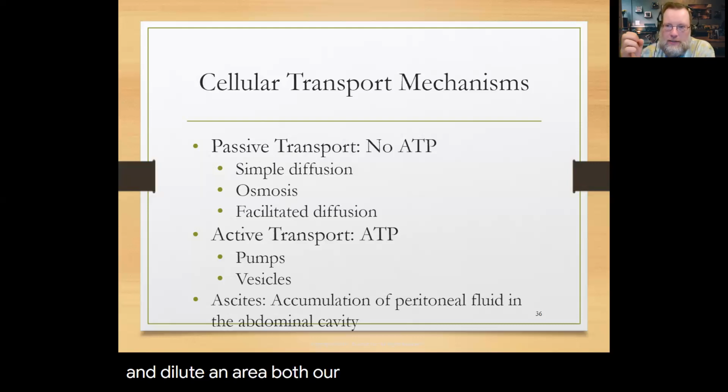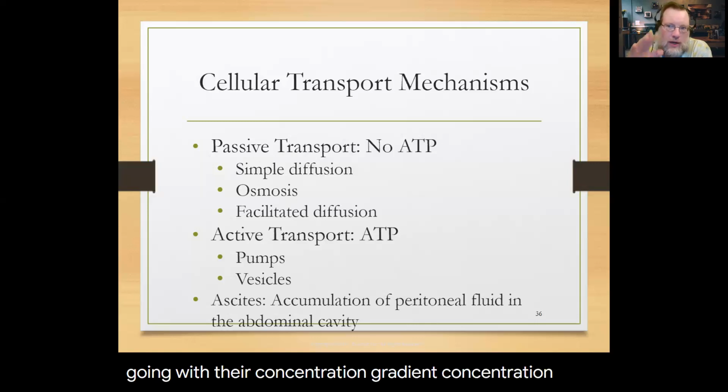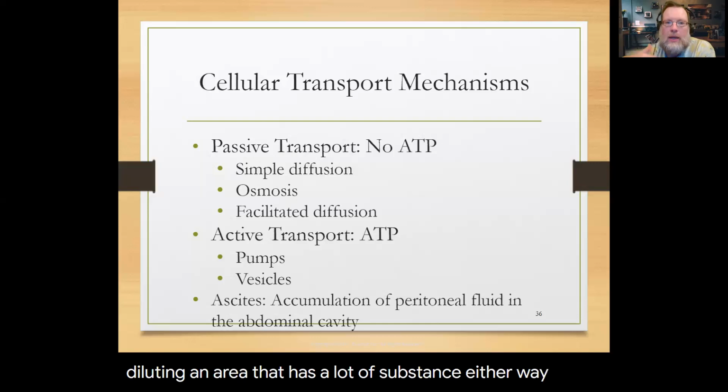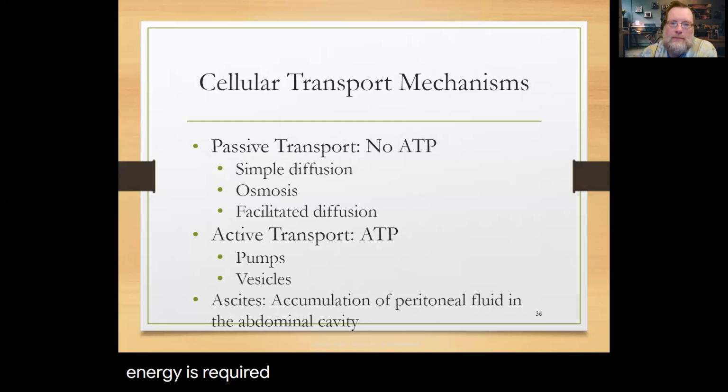Both are passive. And both are going with their concentration gradient. Concentration gradient simply means going from high to low of substance, or water diluting an area that has a lot of substance. Either way, no energy is required. There, and we're dealing with moving with concentration gradients.